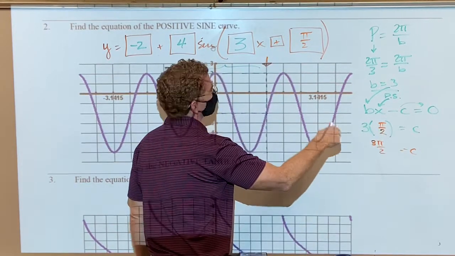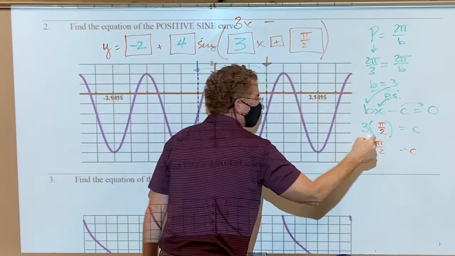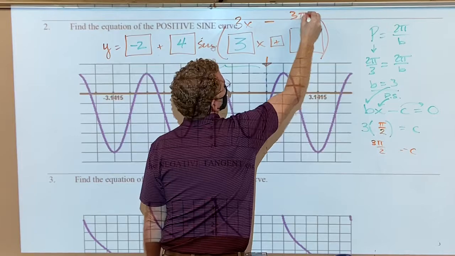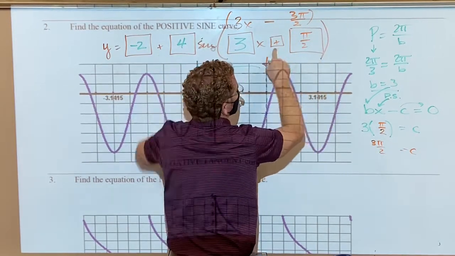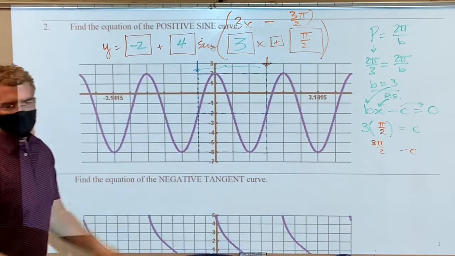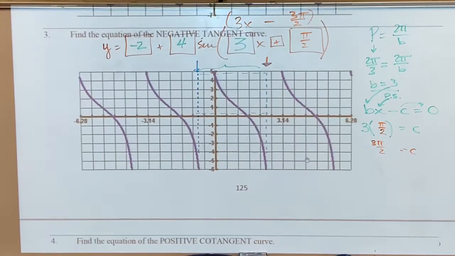And I would come up here and say, oh, well, my formula is 3x minus a positive 3 pi over 2. So you might have that, or you might have that, because this one's minus a negative. Doesn't matter to me. Y'all with me? Now they start to get a little more tricky. But sometimes this first one you're going to see it's not that bad.